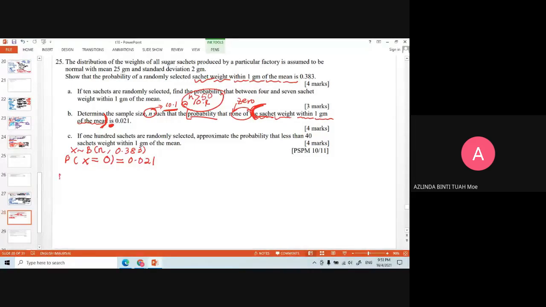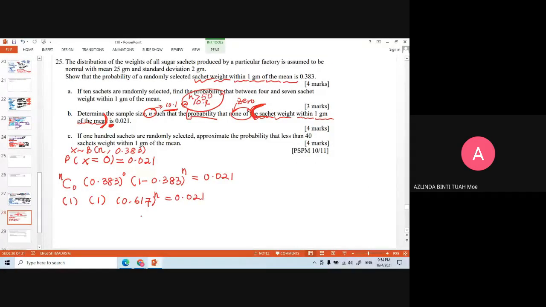Gunakan formula NC0, 0.383 power of 0, 1 minus 0.383 power of N, equals 0.021. Ini jadi 1, this part pun jadi 1. 1 minus 0.383 is 0.617, power of N equals to 0.021.